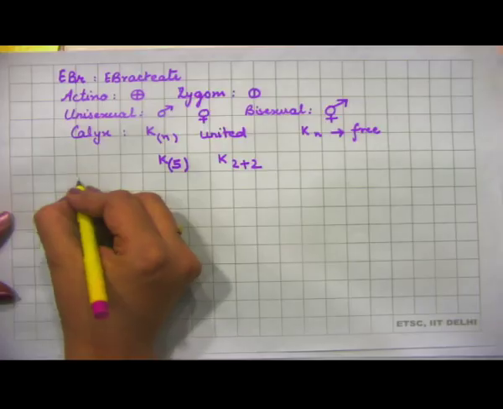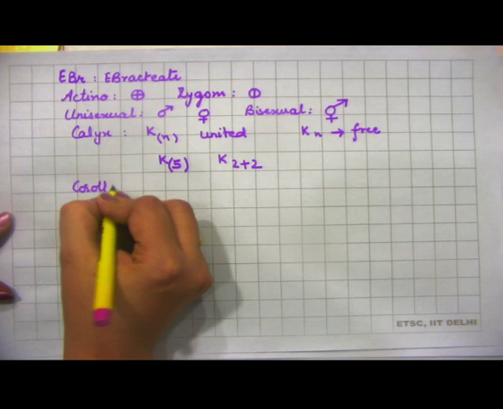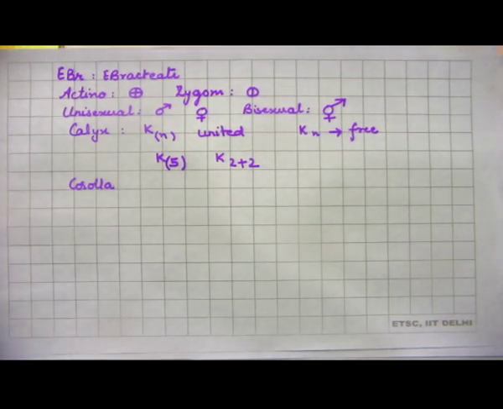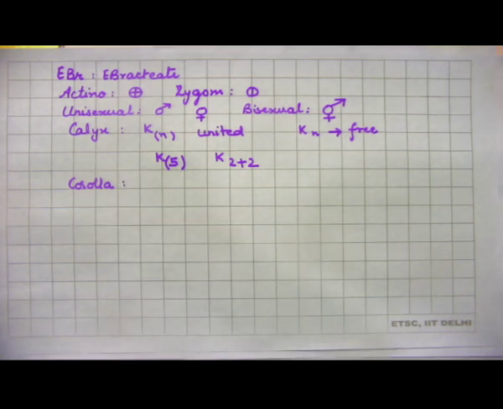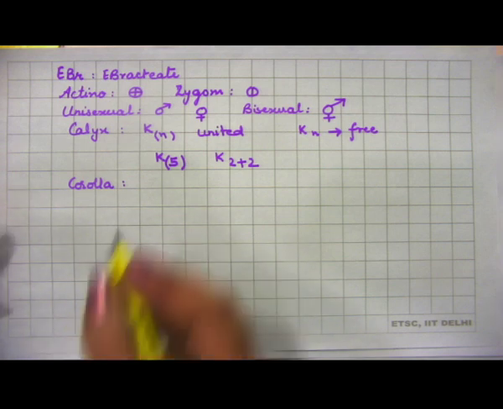What does that mean? It means that there are 4 sepals in total, but they are present in 2 rows of 2 each. Okay? The next one to come up is the corolla, and just as we had symbols for united calyx or separate calyx, we have symbols for united or free corolla also.